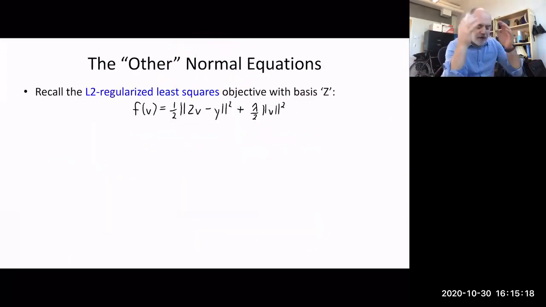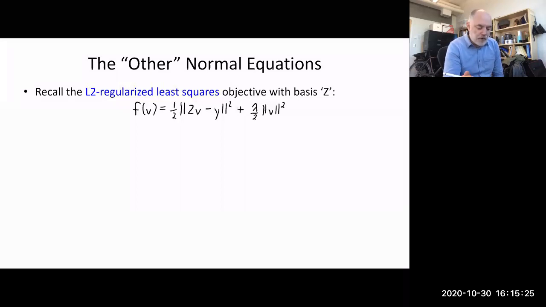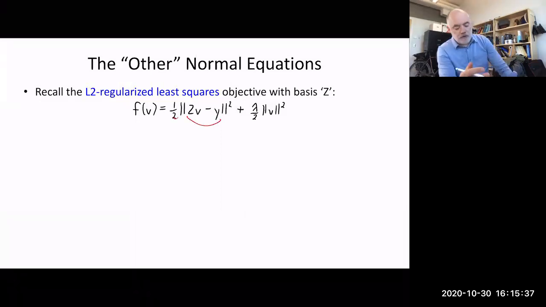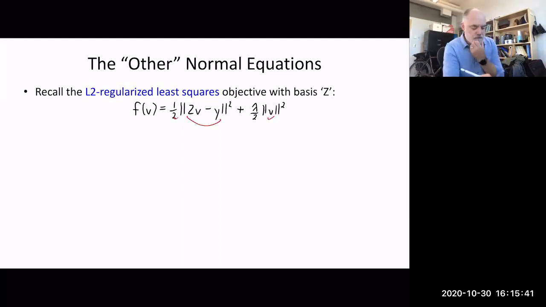Okay, so I think we've got ourselves set up fairly well at this point, right? The next thing that we need to do is we have to remember that when we set up the L2 regularized least squares objective, right? We had our squared penalty on the residuals and then the L2 regularization on the parameters, right?